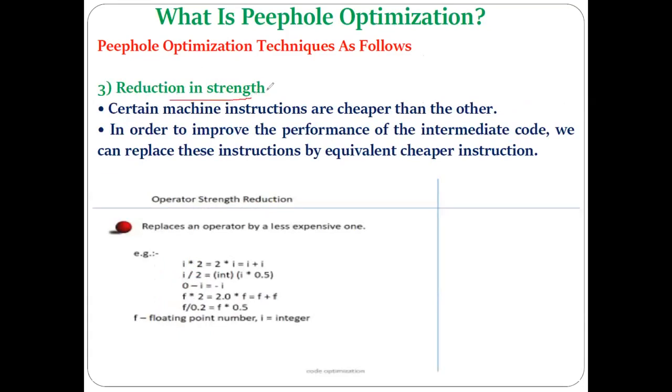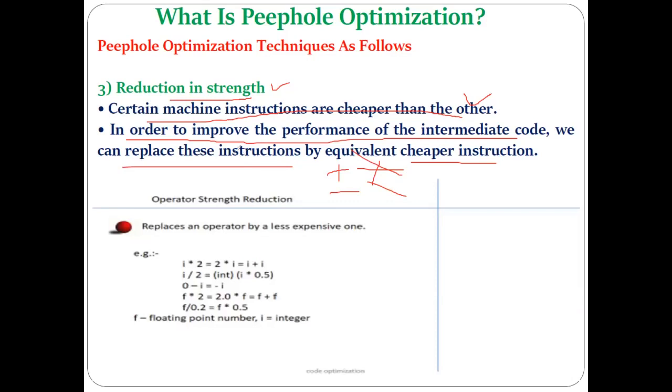As we have already discussed this technique in the previous code optimization techniques also, reduction in strength is nothing but this: certain machine instructions are cheaper than other instructions, so an operator can be replaced by a cheaper operator. Like we already know plus is a cheaper operator as compared with star, or minus is cheaper as compared with division. So to improve the performance of the intermediate code, we can replace an instruction by an equivalent cheaper instruction, or replace a costly operator with a cheaper operator.